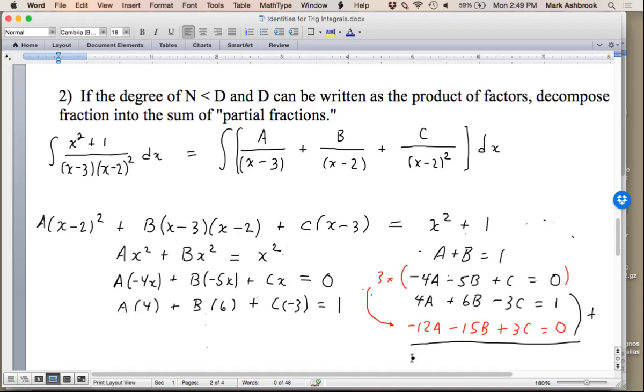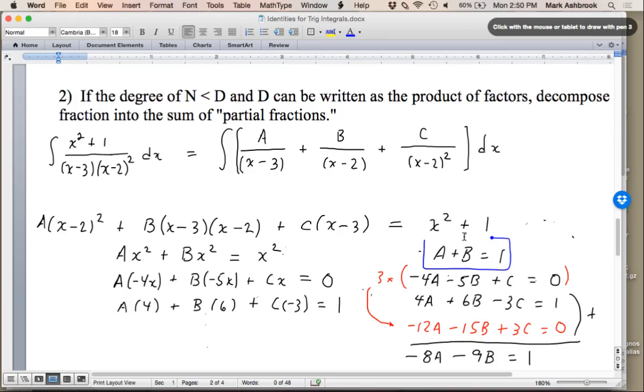And I'm going to get minus 8a minus 9b equals 1. And I've got a plus b equals 1 from the one I haven't used yet, right? I haven't touched that one yet. And then what I got when I combine the second and third. And that's just an example just like the first one.